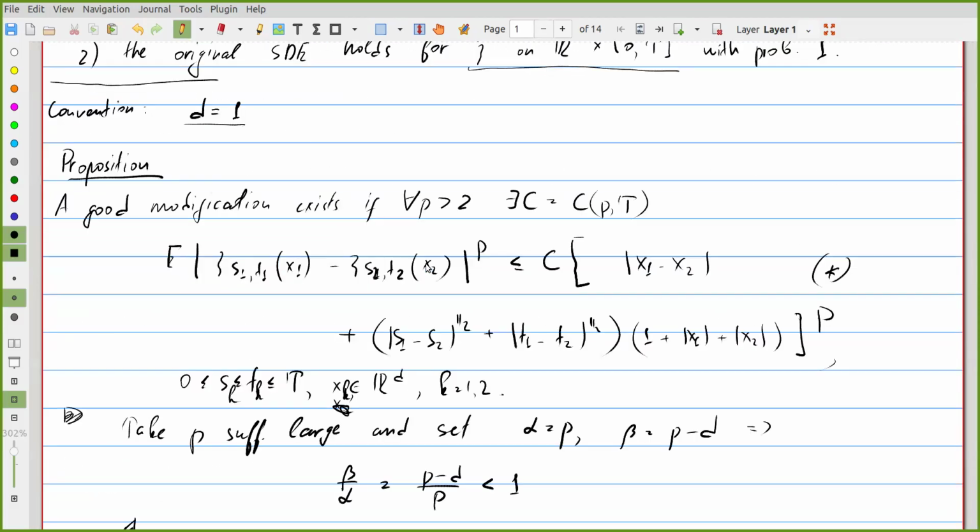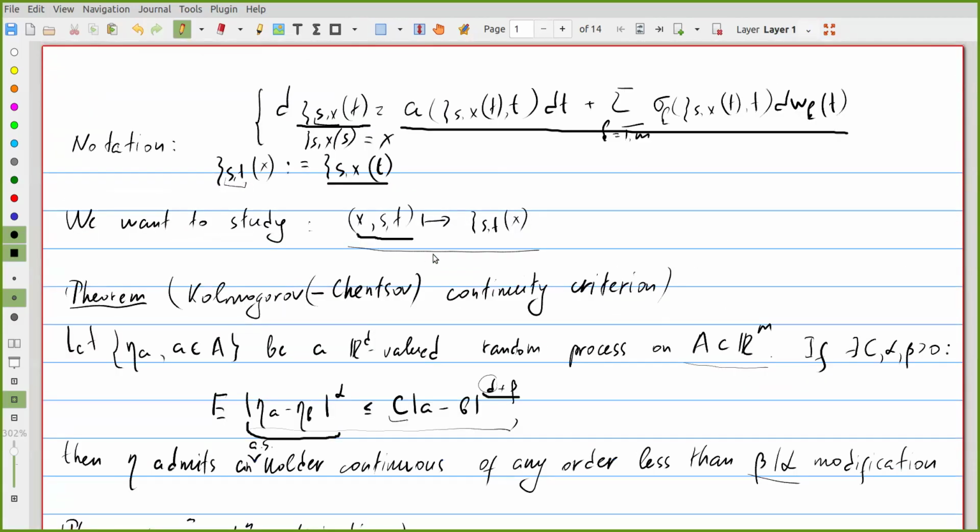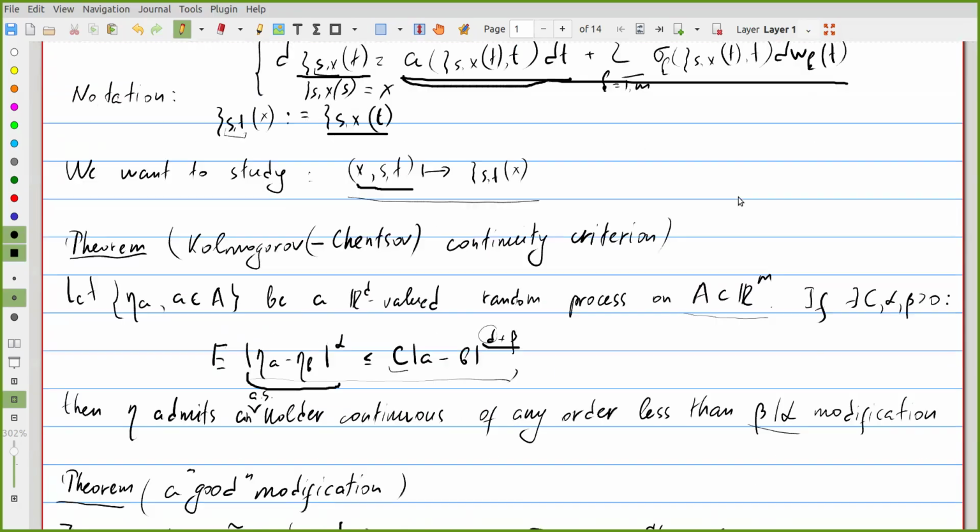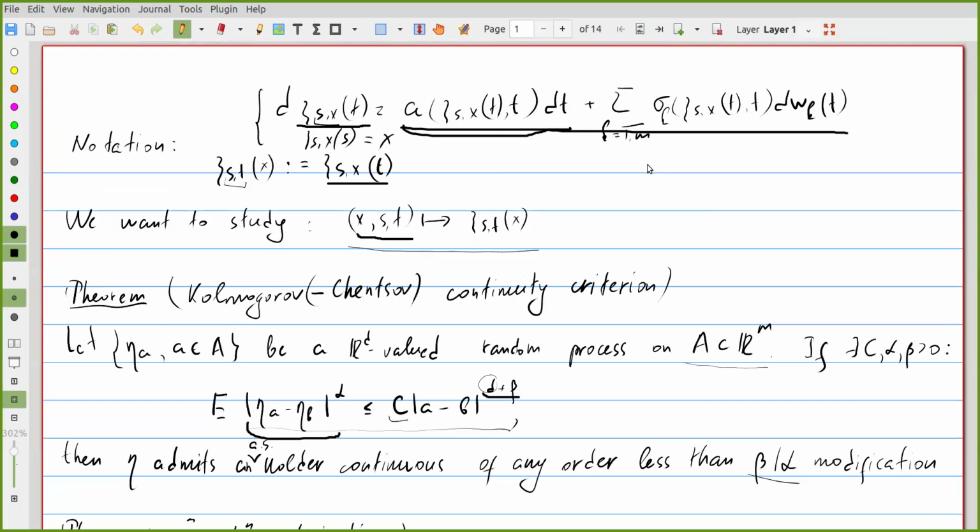Now, theoretically, when doing the reasoning we are going to do, you need to consider this integral and these integrals separately. But overall, we will only consider the stochastic integral because it's typically harder to work with.